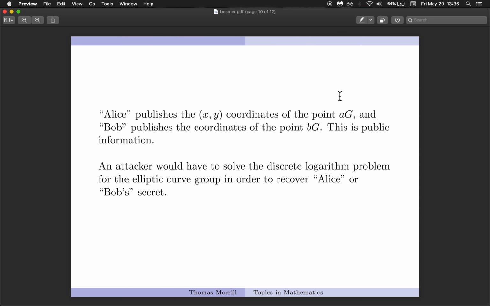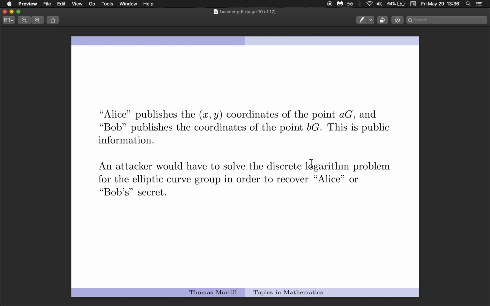In practice, A will be some very large integer. So you can just have a computer make this calculation, and that'll be a fairly quick calculation at that. Bob is going to do the same thing. Bob calculates the coordinates for his multiplier, B times G. So this is B copies of the point G all added together.